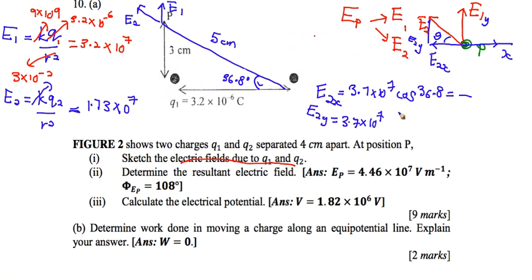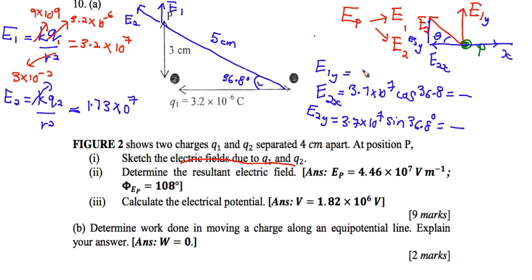E2 to the y is equal to E2 sine theta, where angle theta here is 36.8 degrees. So you can use the calculator to find E2y. And for E1y, because it is totally on the y-axis, there is no need to resolve. So E1y is equal to 3.2.